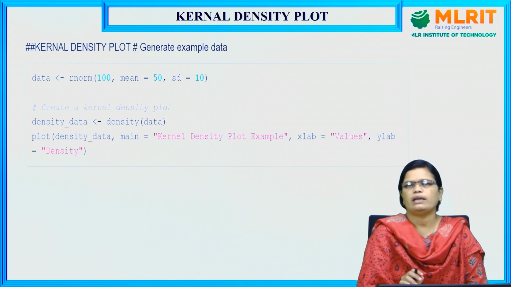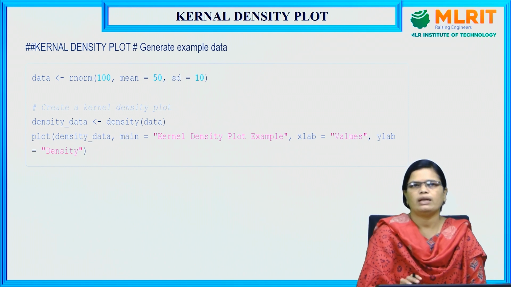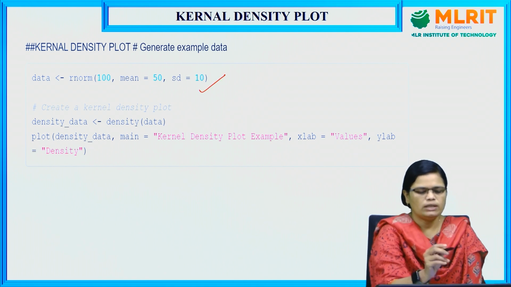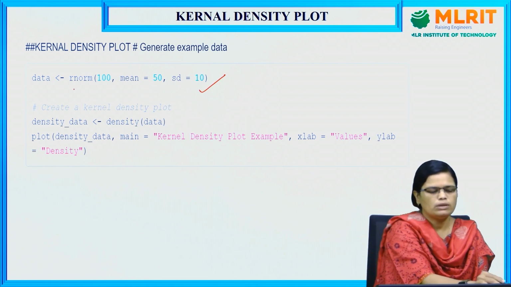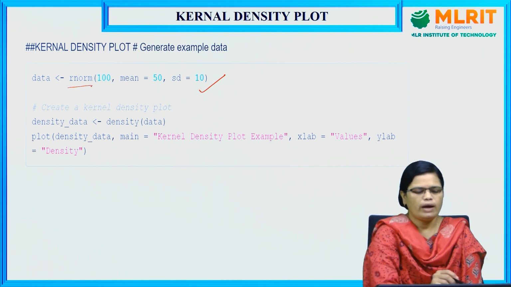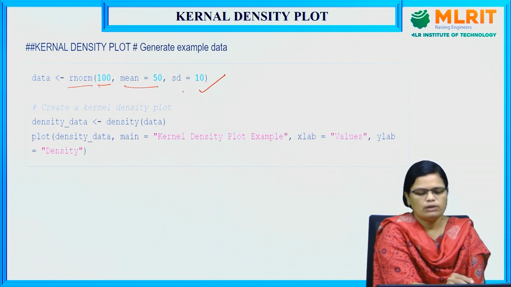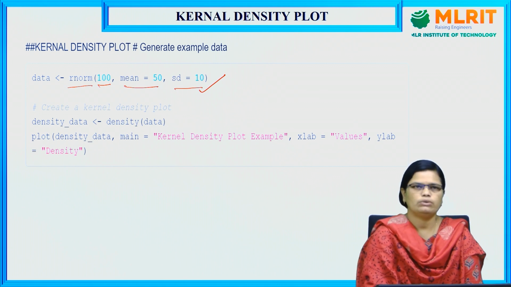Next, we have a kernel density plot. You have to go for the kernel density plot when you have more than 100 values. Here we are generating random values using the rnorm function, and we want to generate 100 random values with a mean equal to 50 and a standard deviation equal to 10.